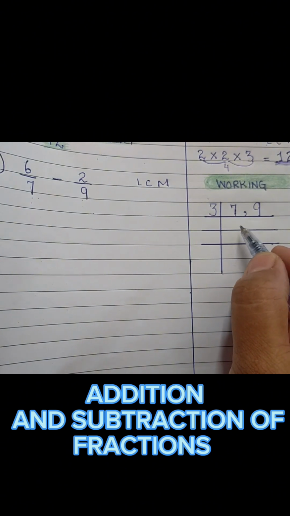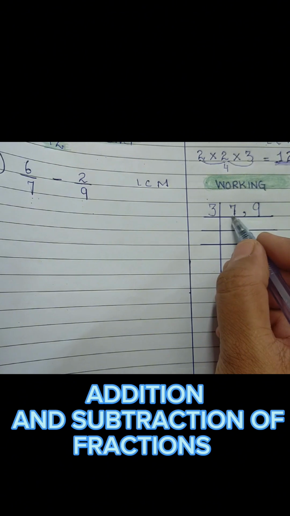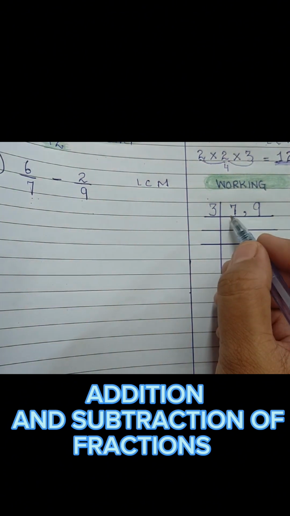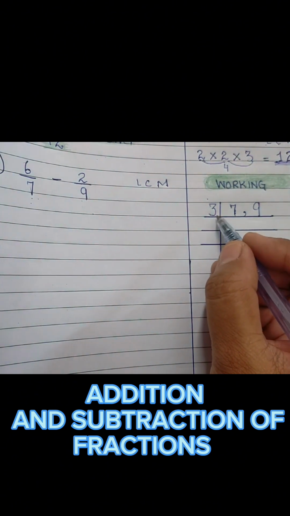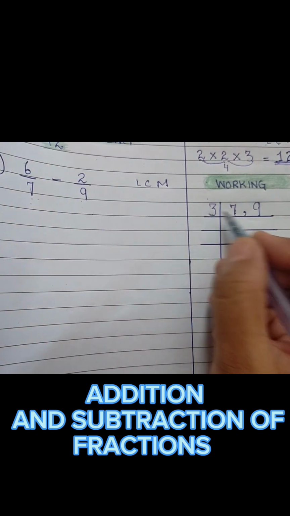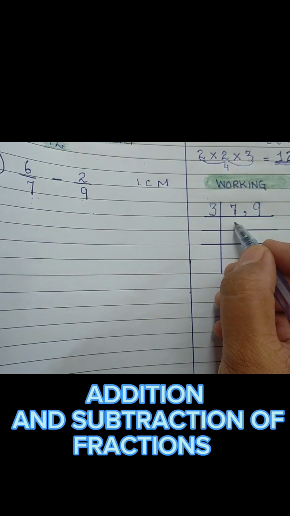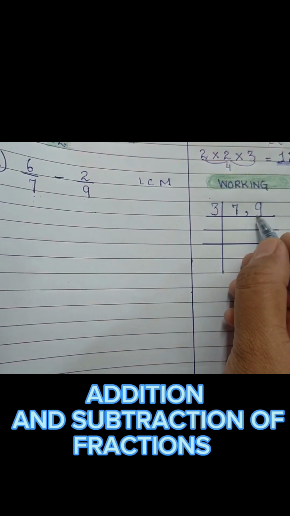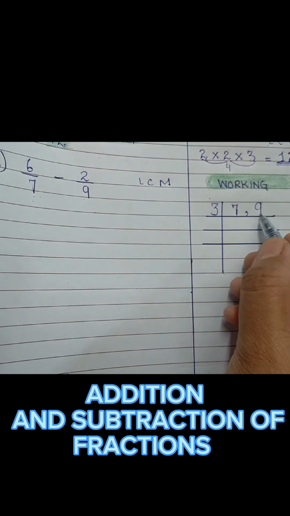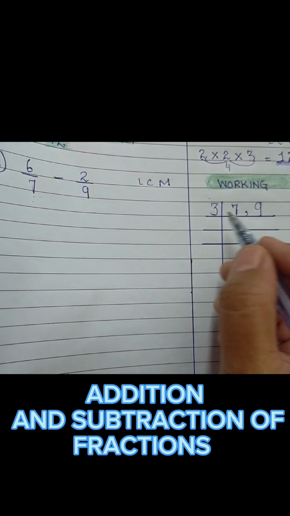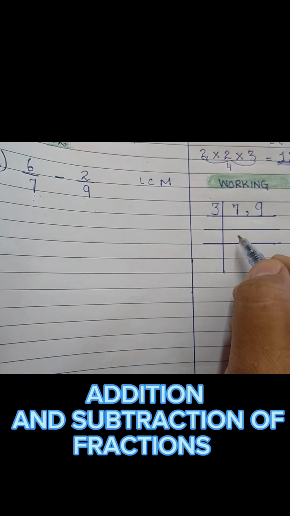Because I feel 7 is not there in 3 times table, or I am going to just take the smallest number, this number 3 here, and I know that 7 is not there in 3 times table, but 9 is there in 3 times table. That is why I decided to pick 3 here. Okay, I'll try and take the smallest numbers. I could have taken 9 times 2 table also, but we will always start with a smaller number.